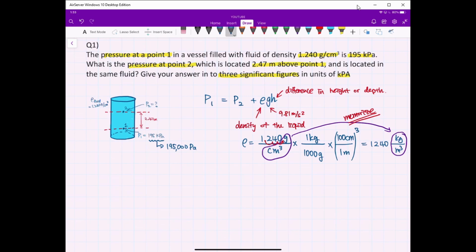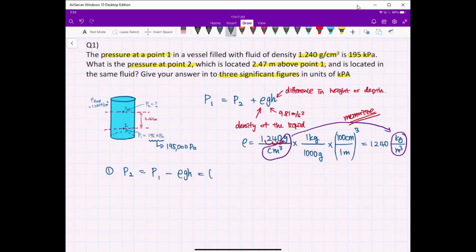Now, let's plug those converted values into the equation to find the pressure at point 2. P2 equals P1 minus rho g h.